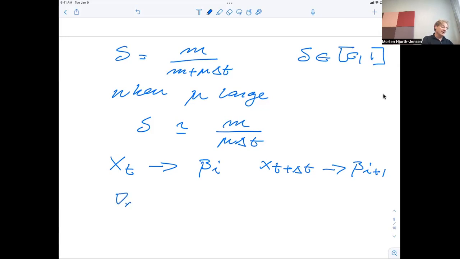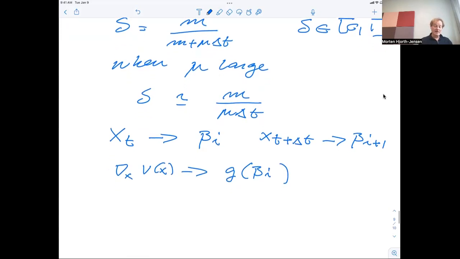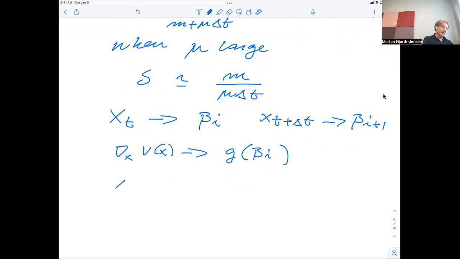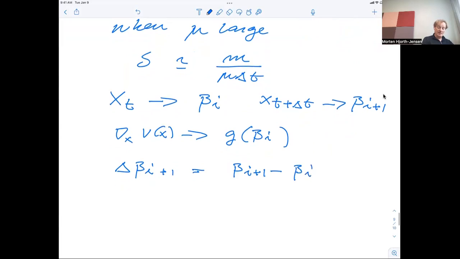I'm going to replace the derivative of v of x by g, the gradient, as a function of beta of i, the iteration i. And then what we see now is that this delta beta of i plus 1 is going to be simply equal to beta of i plus 1 minus beta of i.